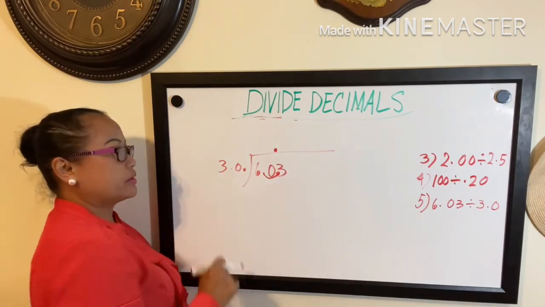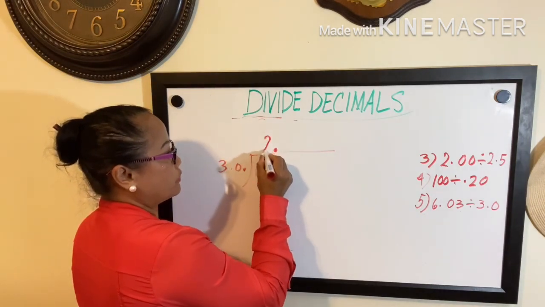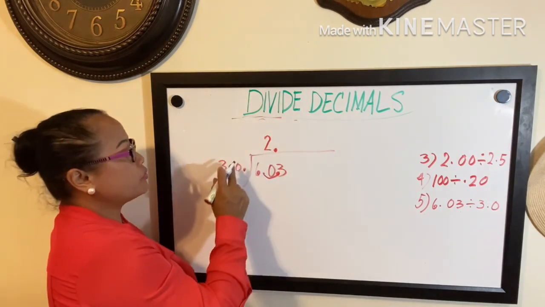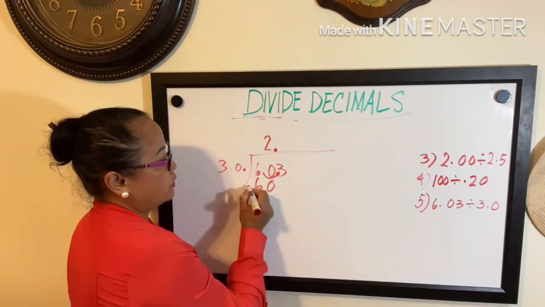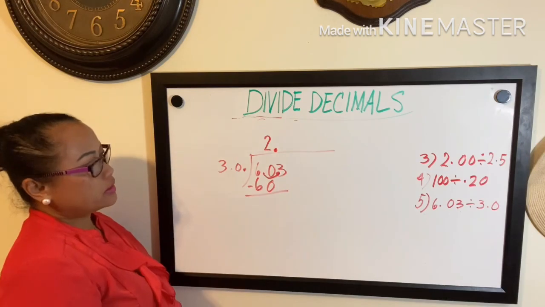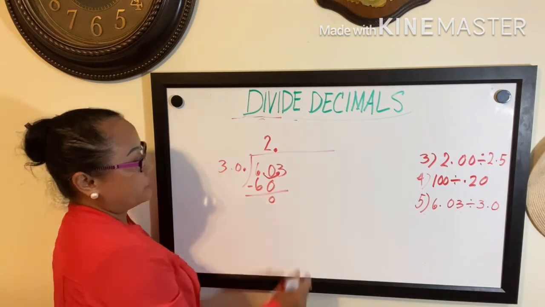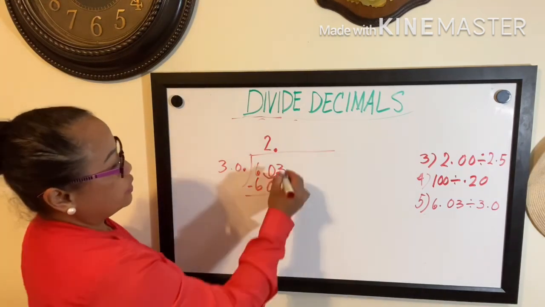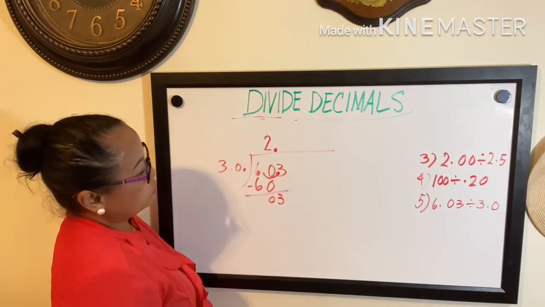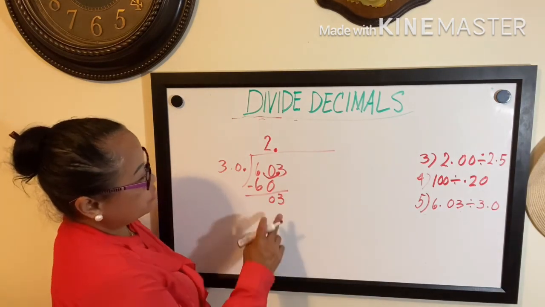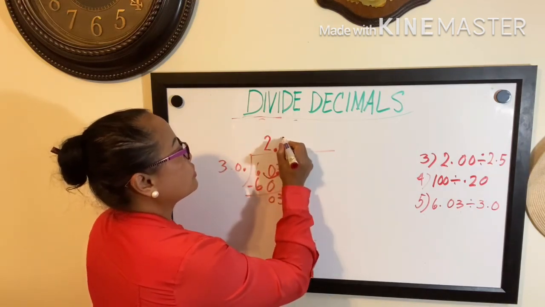How many 30s in 60? There are 2. So we have to put here 2. And then 2 times 30 is 60. Now we can subtract. 60 minus 60 is 0. So now we have to bring down 3 here. So 3 divided by 30 is 0.